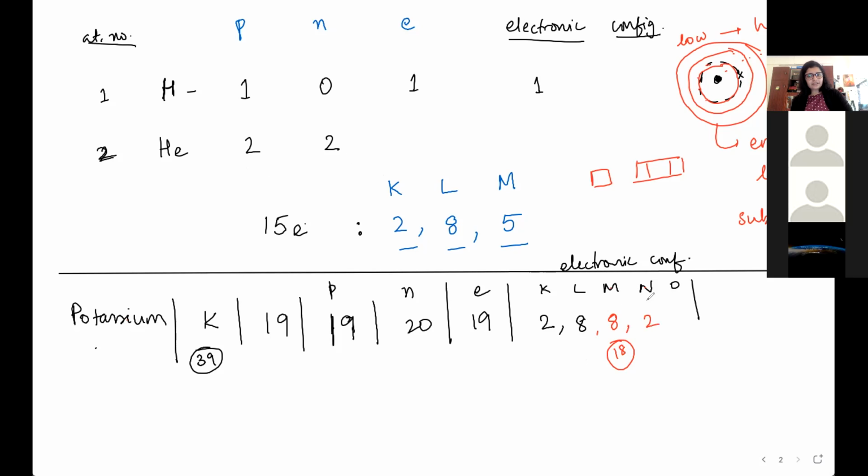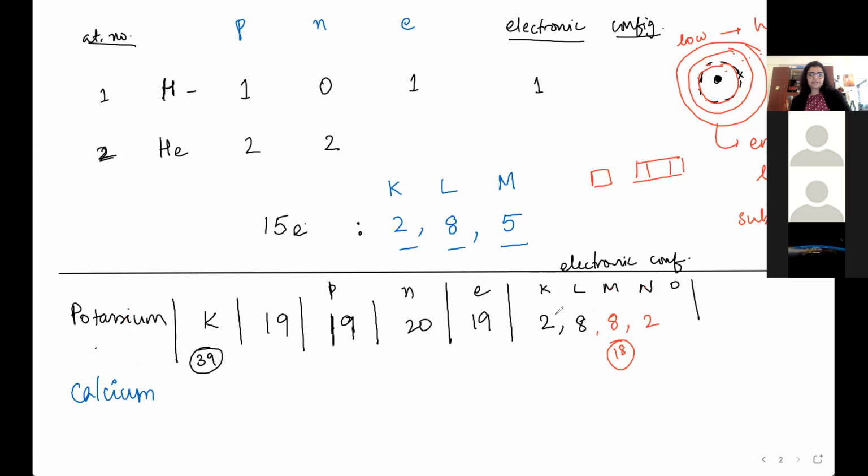It gets a little complicated after this, which is why you have elements only till 20. The reasoning behind it is really complicated. It's related to quantum chemistry, that's why you have it in grade 11. But for now, just remember that in the case of potassium and calcium, you can't follow the same system you followed till argon.